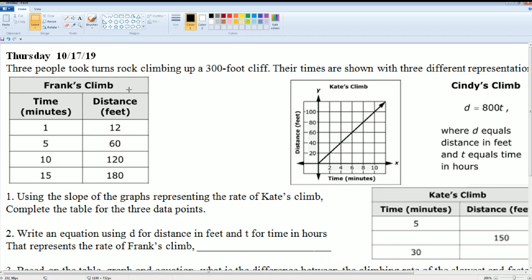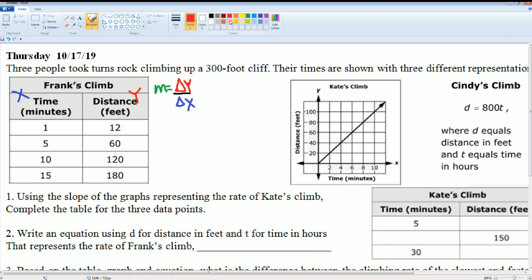The formula for slope is defined as m is equal to delta y divided by delta x. This is x and this is y.